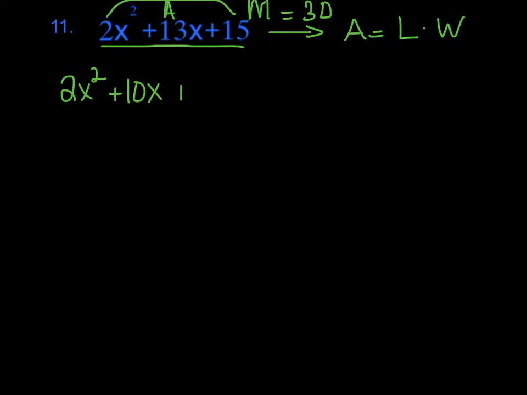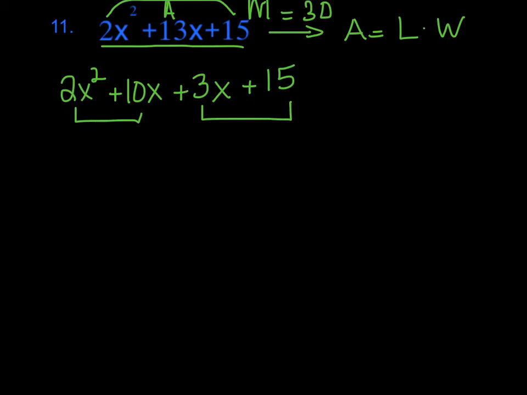And then plus 3x. So let's just take a minute here. This 10x and this 3x together give you this 13x. Okay? And then we bring down the last term, which is plus 15. All right, so let's group the first two terms and group the second two terms.